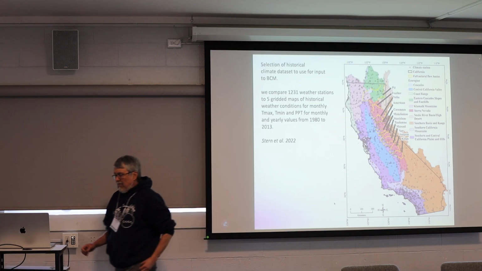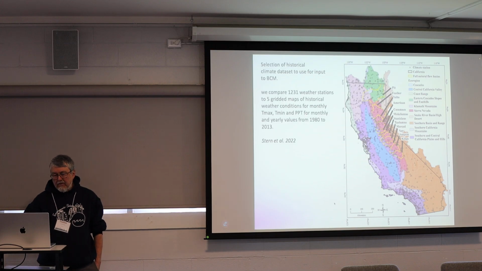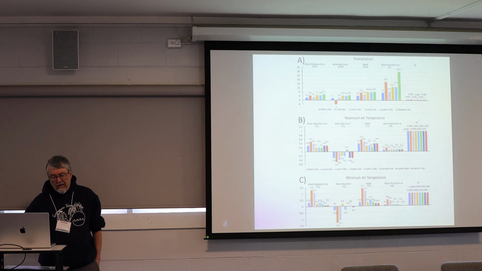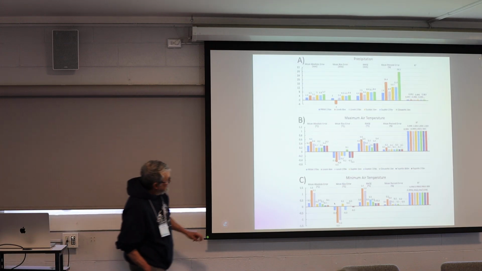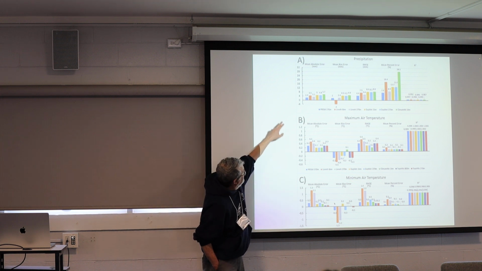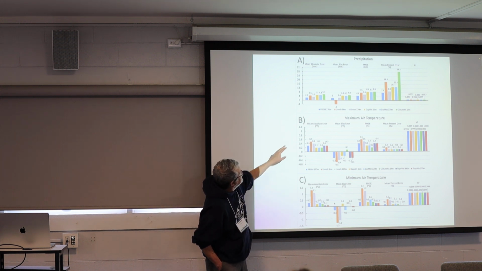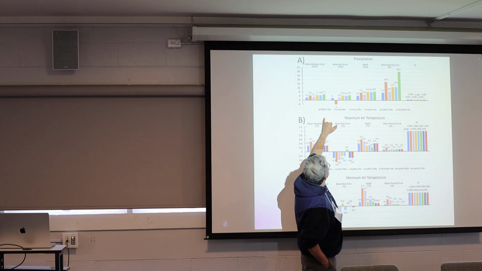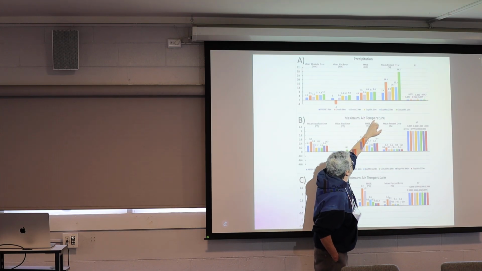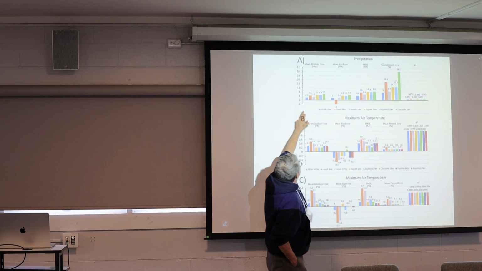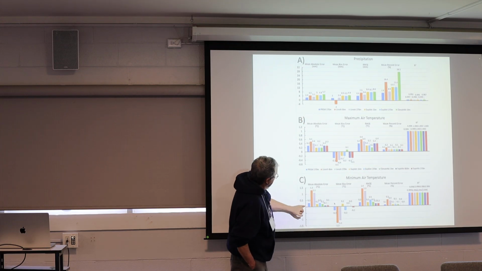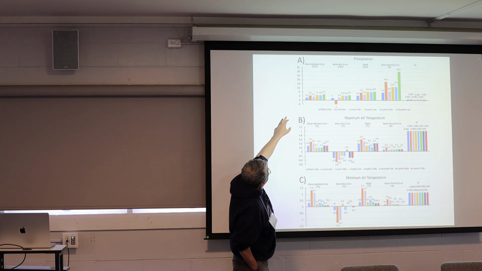And what we basically found was we looked at the bias, and I'll just draw your attention to the dark blue on the far left of these ones. Here's all the different categories: PRISM, LIVNEH, DayMet, and Climate NA. PRISM performed the best for precip.